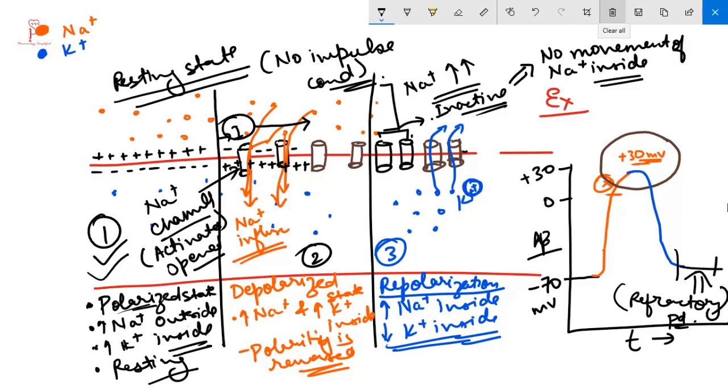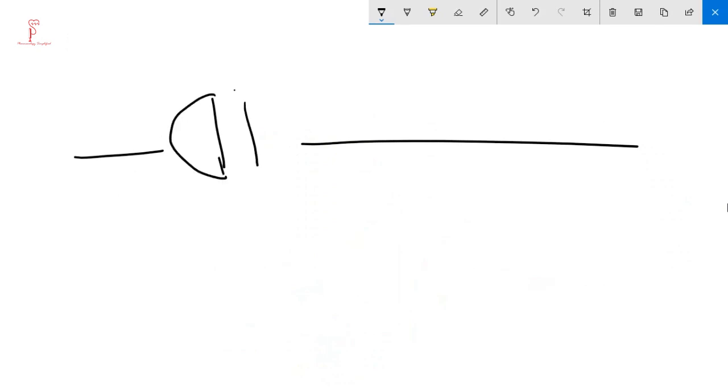Let me explain what happens during the refractory period. I guess we are clear with this one. So during the refractory period, suppose this is our neuron. I hope we all are familiar with sodium potassium ATPase pumps, right?